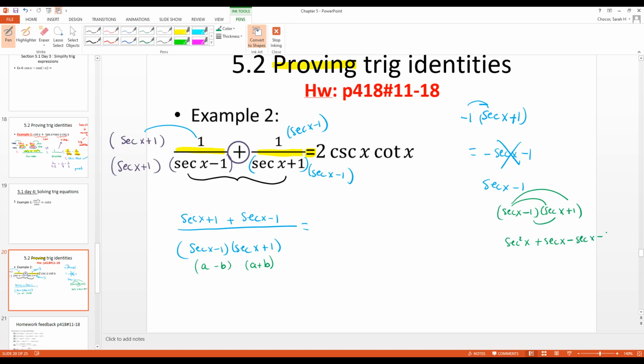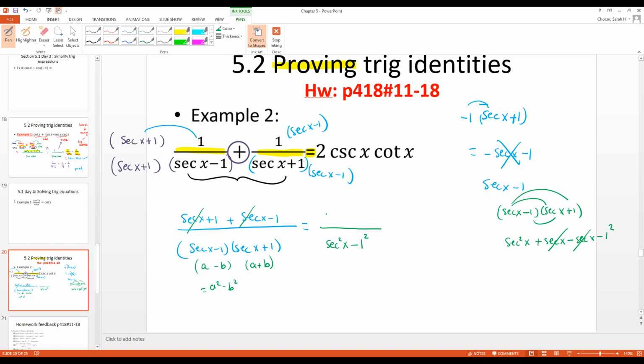If you distribute in the traditional way, the secants will cancel out. This is why, if you apply the special case, which is a squared minus b squared, you will right away get secant squared minus 1 squared, and 1 squared is just a 1.